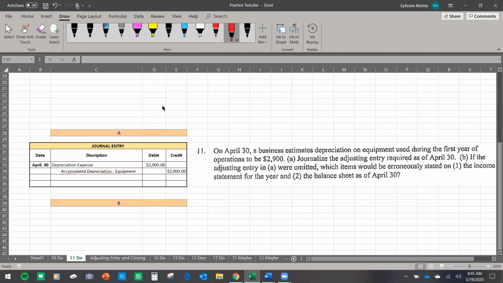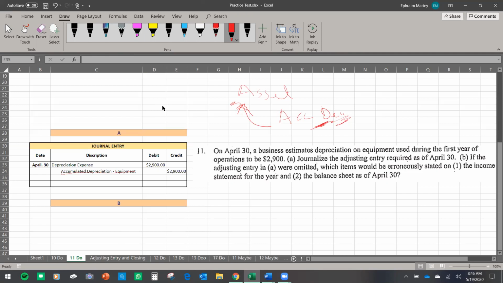Overstated means we have a higher amount than we're supposed to. Understated means we have a lower amount than we're supposed to. Because we didn't decrease the asset, it is overstated. So accumulated depreciation will be understated, and the asset will be overstated.